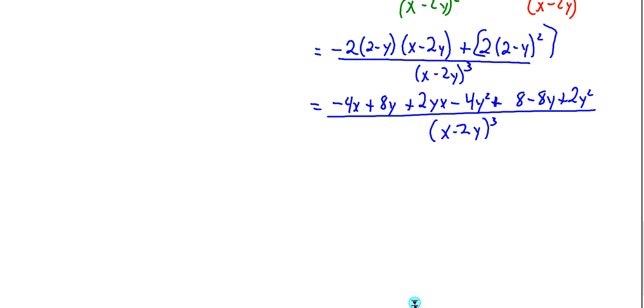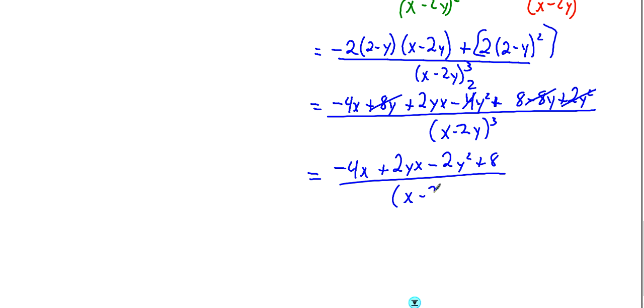And then you got positive 8y, negative 8y. Then you've got positive 2y squared. We'll get rid of two of those, the negative 2y squared. And leaves us with negative 4x plus 2yx minus 2y squared plus 8 all over x minus 2y cubed.